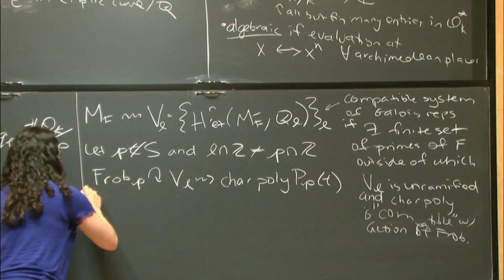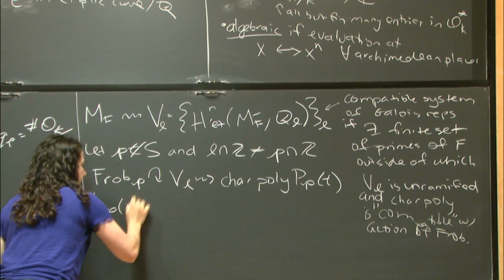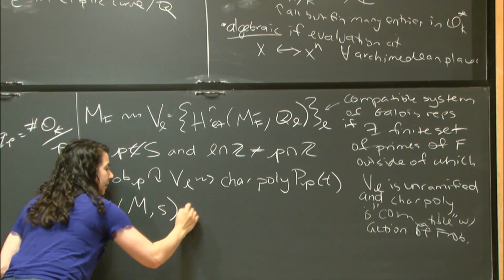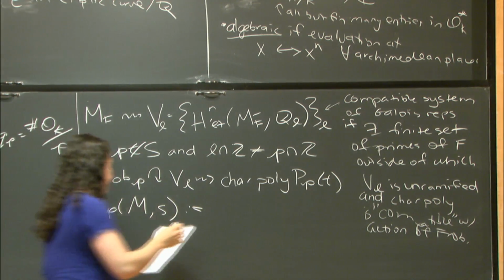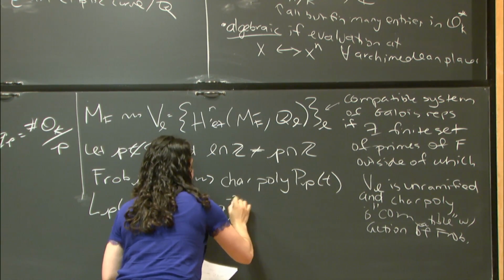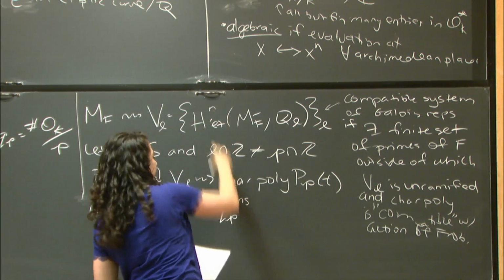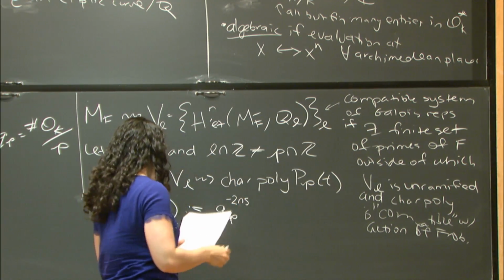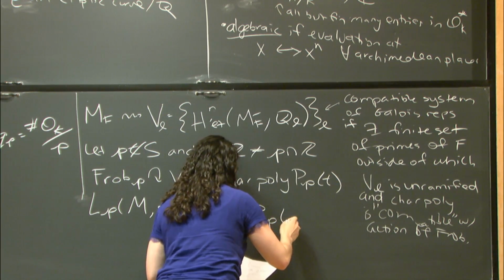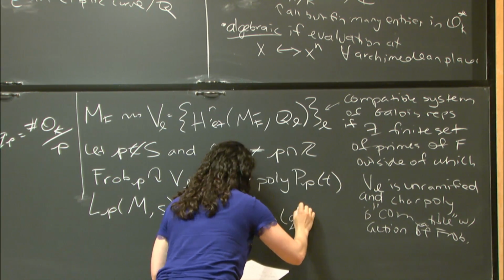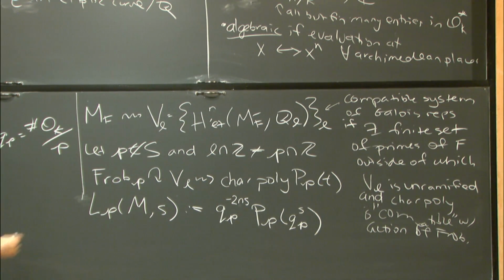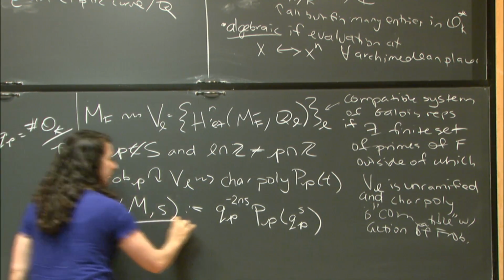And so then this local L factor of my motive, M, is just defined to be, I take this same Q_p to the minus 2ns, right? This n and this n are the same. And I multiply that times my characteristic polynomial evaluated at this Q_p to the s, okay?